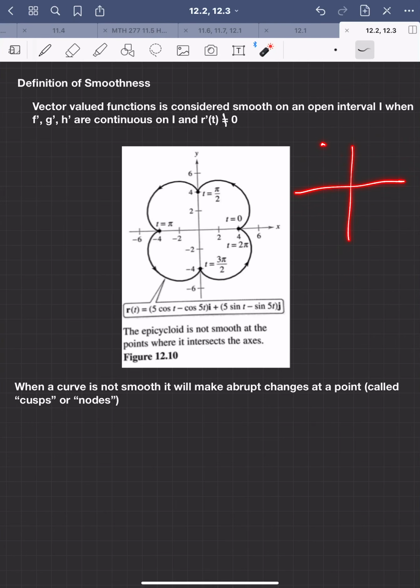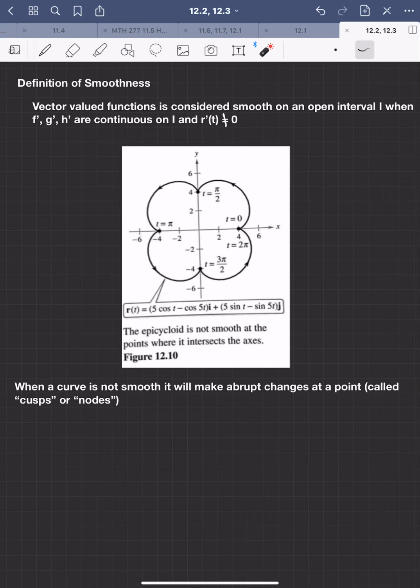If you had something like that, some type of break, some type of abrupt change. But in mathematics, we can't be sloppy in our language, right? We need to formalize the language that we're using.